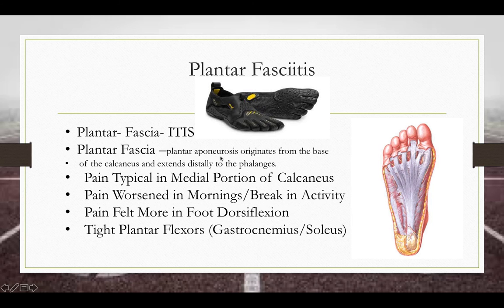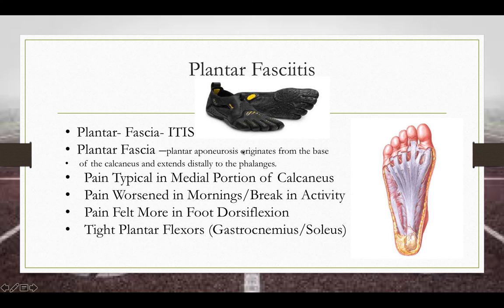Fascia is a thick connective tissue, also called aponeurosis, and we'll discuss it further. Itis is inflammation. So we have the plantar aspect of the foot, the fascia, and it's inflamed. That's basically what it means.